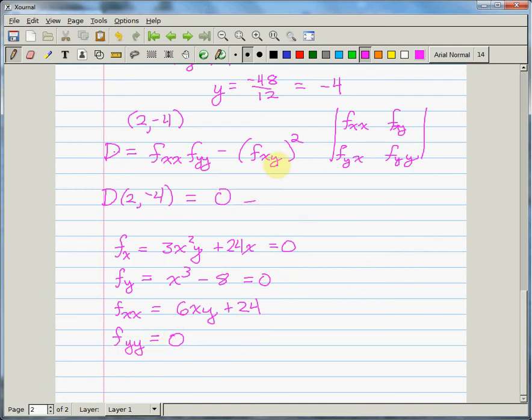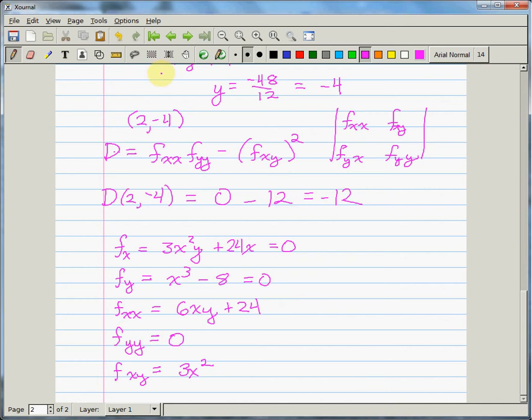and now I need to do fxy. The partial with respect to x followed by taking the partial with respect to y gives you 3x squared. If you plug the point 2, minus 4 in for x and y here, there's really just an x. Then you get 3 times 4 is 12. So this is minus 12.